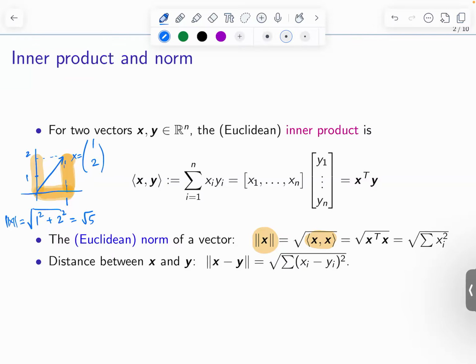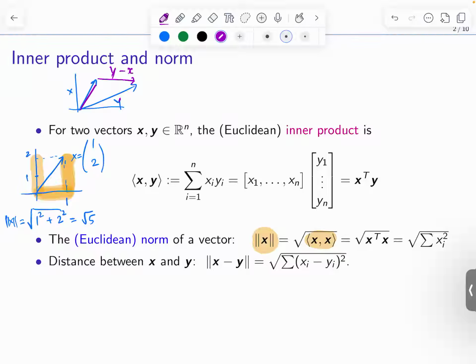And so if I have the length, then I can define the distance. So if you imagine you have two vectors, x and y, and you take the difference of the two vectors, hopefully you've seen this. So y minus x would be something like that, right?